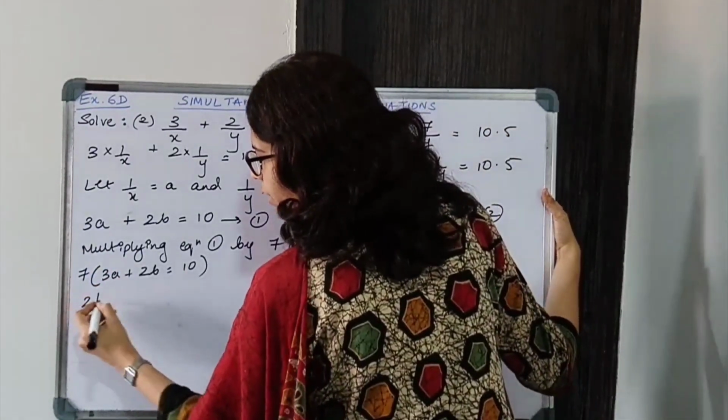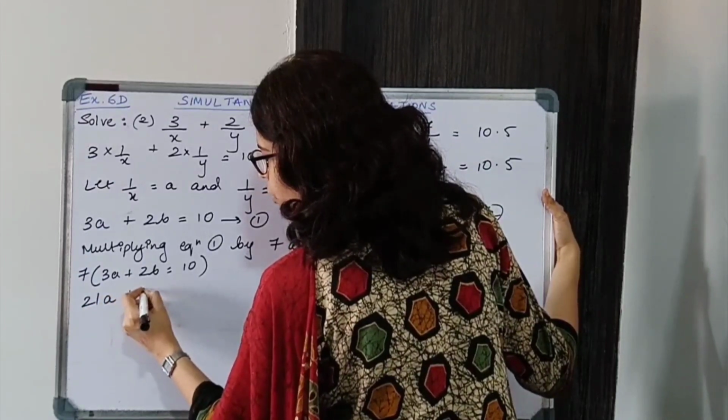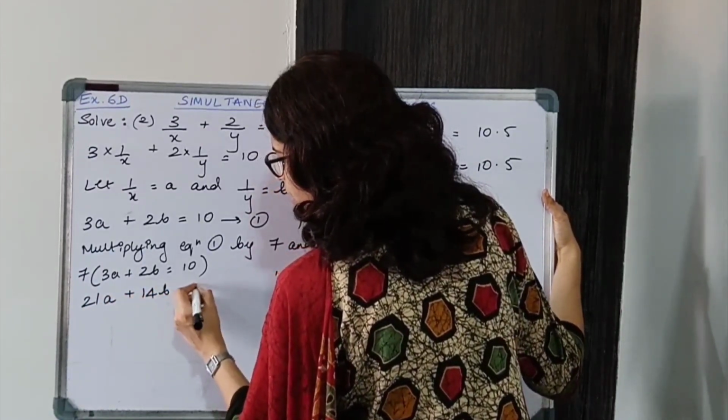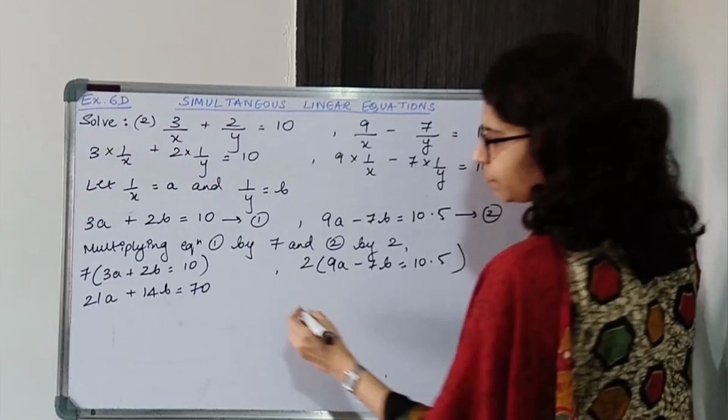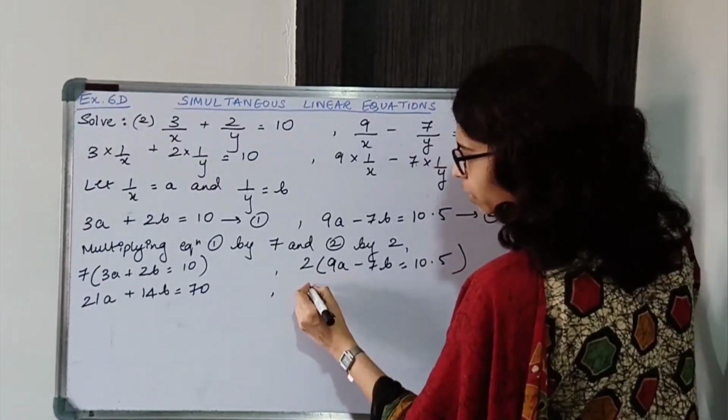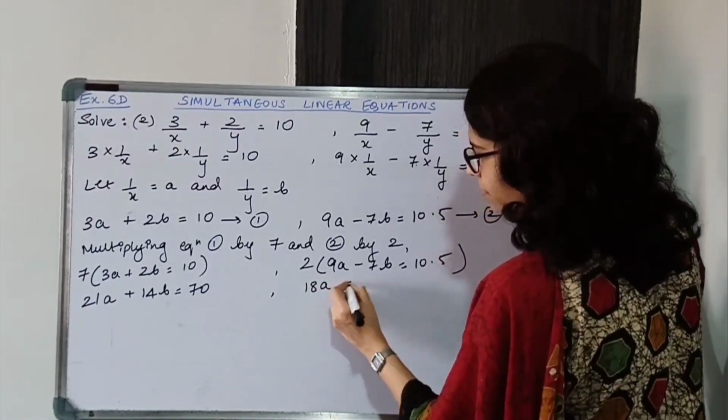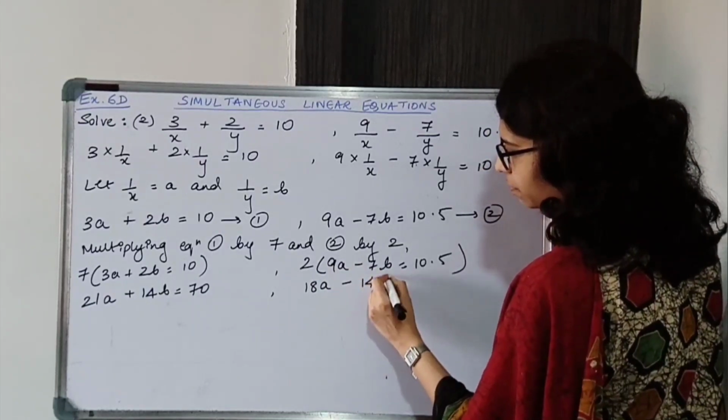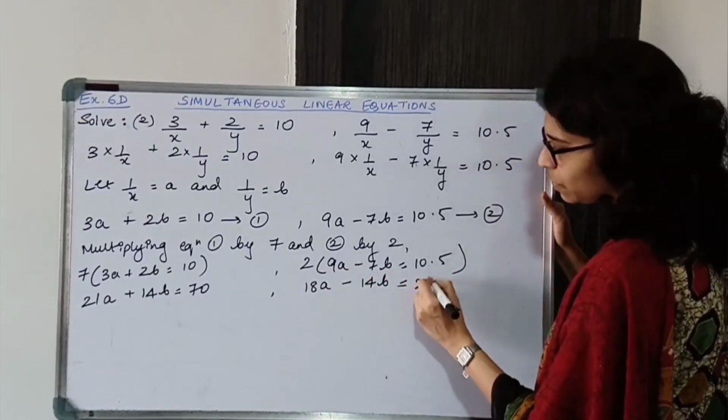Seven threes are 21, 7 twos are 14, 7 tens are 70. Over here 2 nines are 18, 2 sevens are 14 and 2 into 10.5 gives 21.